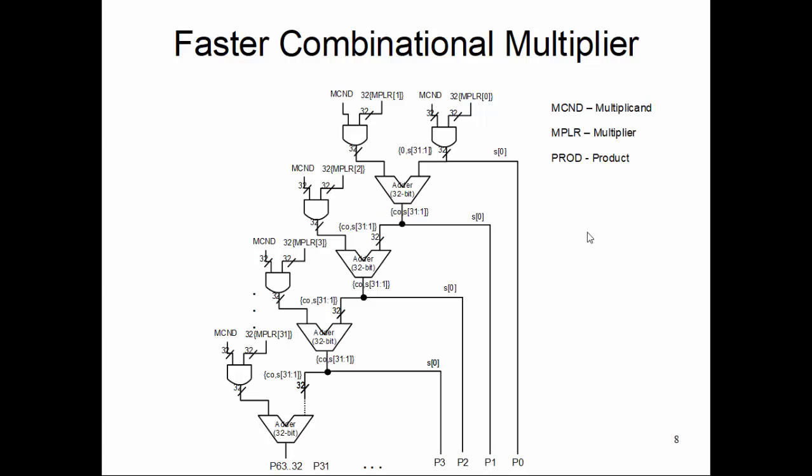Each partial product stage, if you think of the paper and pencil method, each row, we are computing the partial product, and we are deploying an adder for each of this partial product computation. We can do that because, from the algorithm point of view, multiplication is always forward propagating.